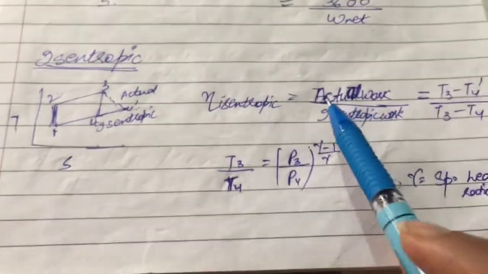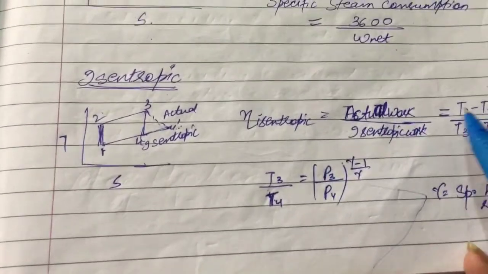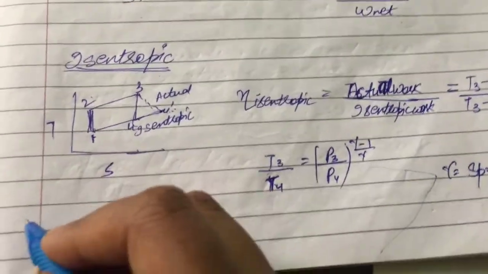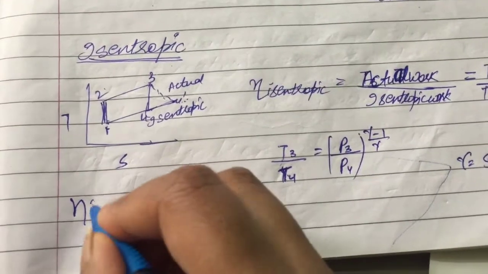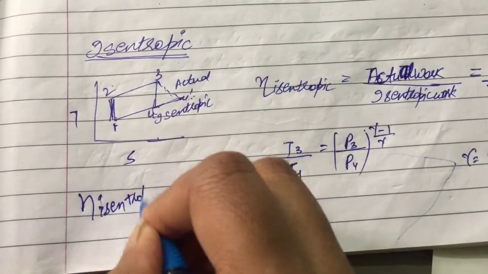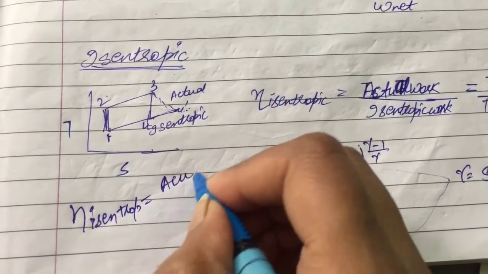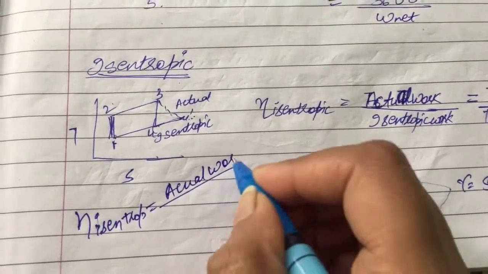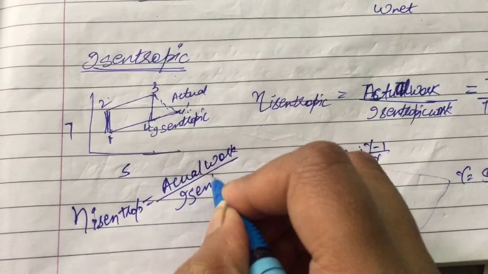So to calculate isentropic efficiency, it is actual work by isentropic work.